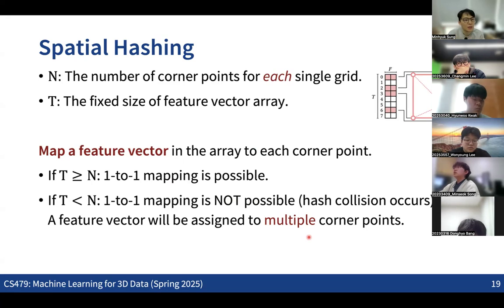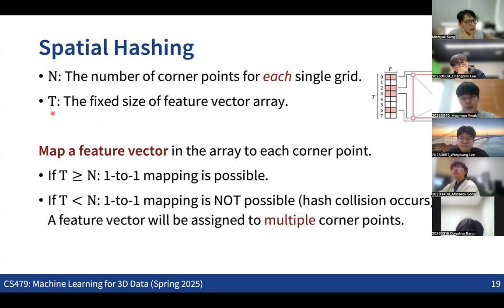So let's say n is the number of corner points and t is some fixed size of an array, right? Then we add all the features of the n corner points into the array, whose size is t.